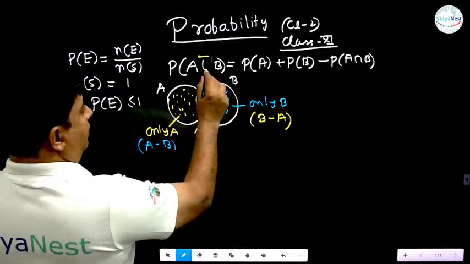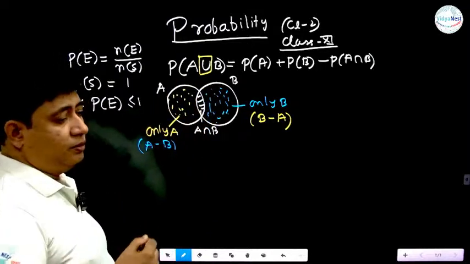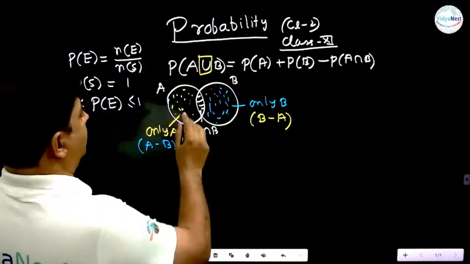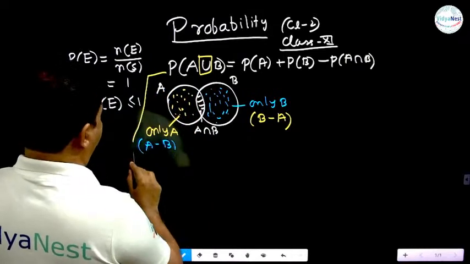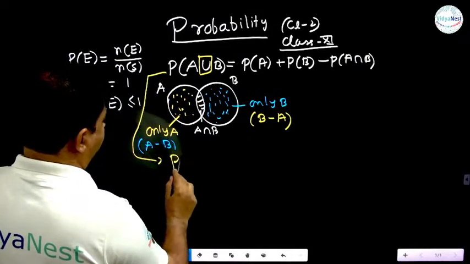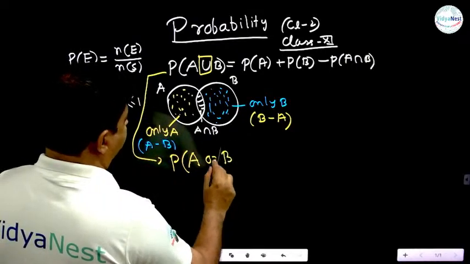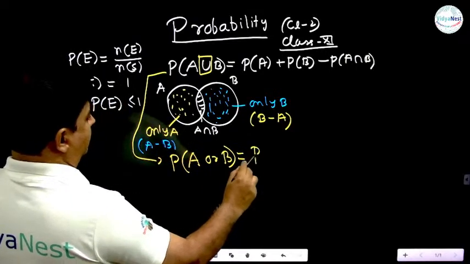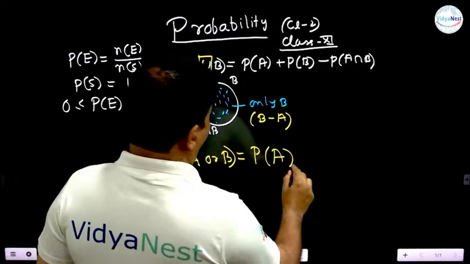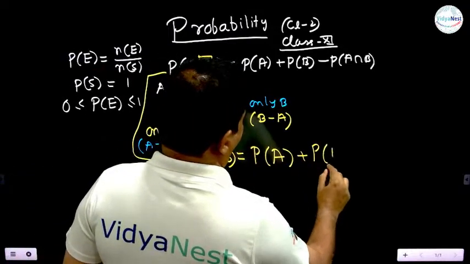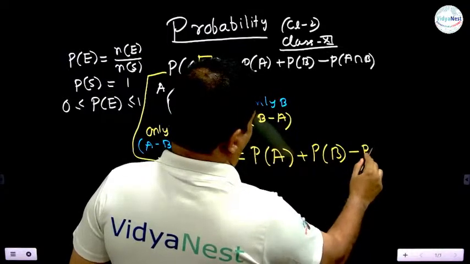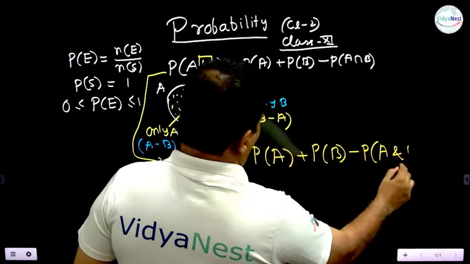This was just a short brush up. Instead of union we can write P(A or B), that is P(A) plus P(B) minus P(A and B).